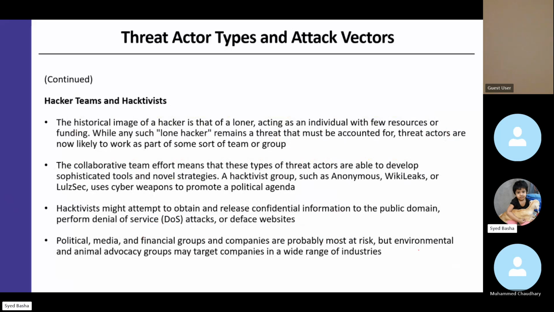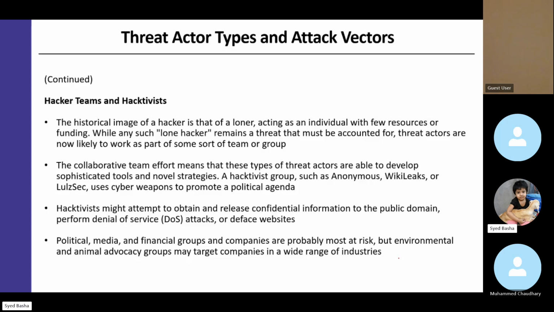Hacker teams and hacktivists. As I said, there are many teams out there in the black market, in the deep web or dark web. Multiple people form hacker groups. Lockbit has tens of people as part of it. WannaCry. These are some names which we will discuss in detail in upcoming classes.